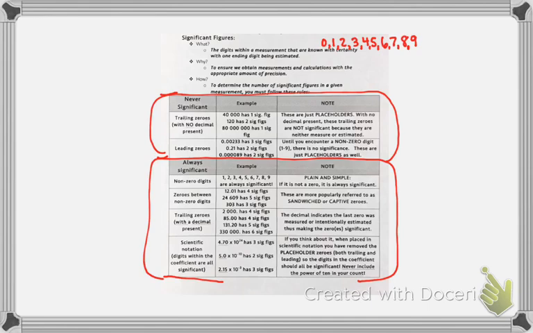All 10 of them, 0, 1 through 9. The great thing is that this makes it really easy. The numbers 1 through 9, these digits, are always significant, okay? Which you can see right here. Non-zero digits are always significant. Plain and simple, if it's not a 0, it is always significant.